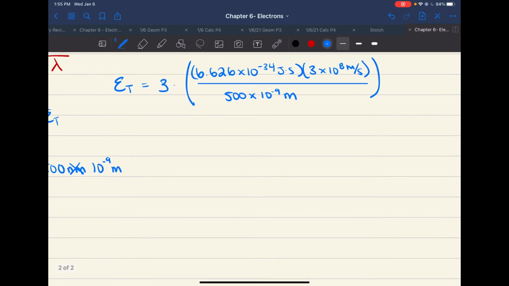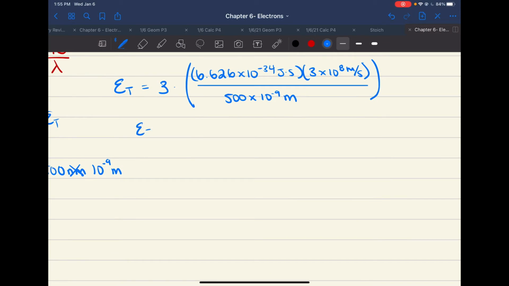All right. So we get a total amount of energy of 6.626 times 10 to the negative 34, multiplied by 3 times 10 to the 8th, and we get 1.989 times 10 to the negative 25th joule meters.